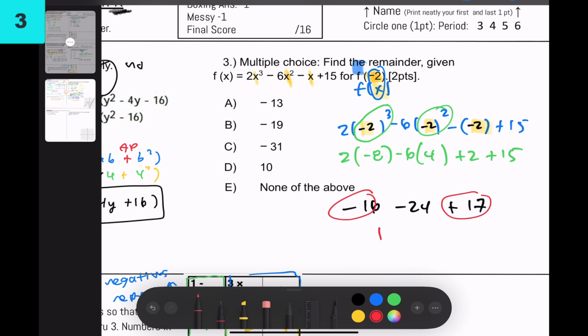I did something wrong here. Negative 23. Let's double check. 2x to the third minus 6x squared minus 2. Let's double check. Okay, so negative 23 is not on one of my choices. Your answer is none of the above.